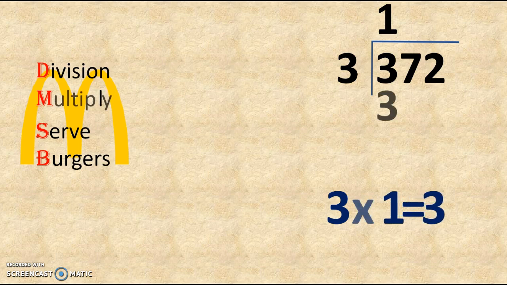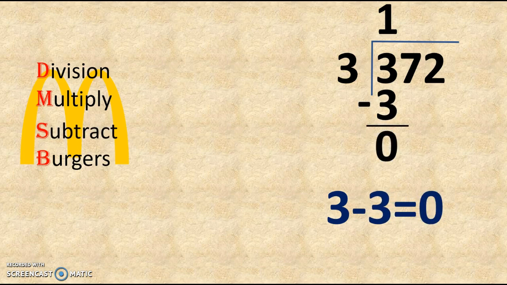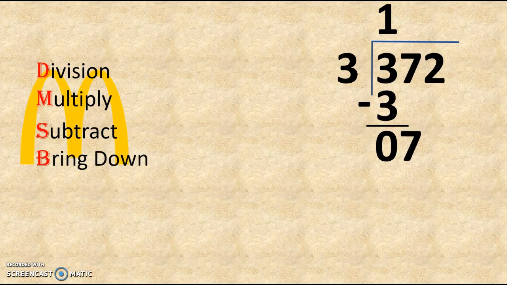McDonald's means multiply. That means you're multiplying the 1 in the quotient by the divisor of 3, which gives you a 3, and you place that underneath the 3 in the dividend, and you subtract, which is what "serve" was, and when you subtract them out, you get a 0, and then B is for bring down, which you bring down the next digit.